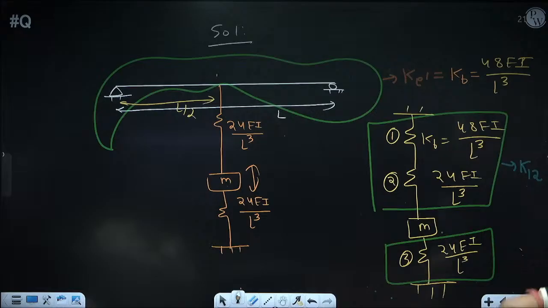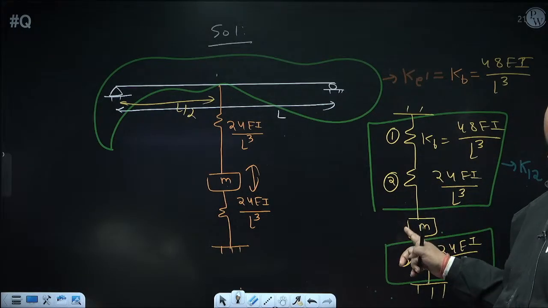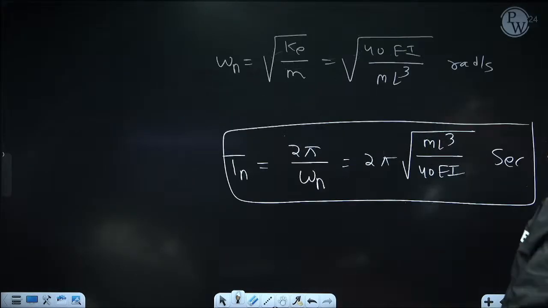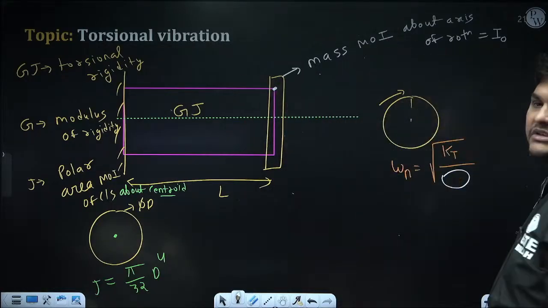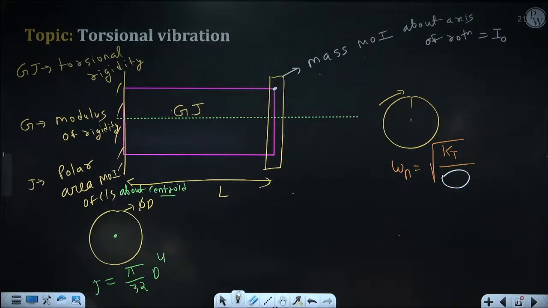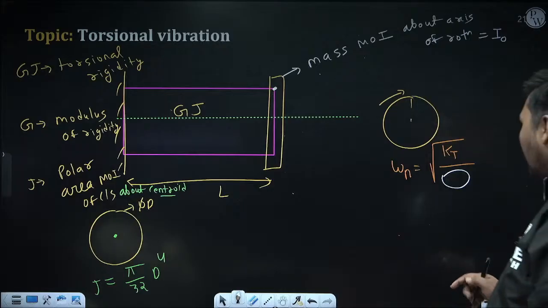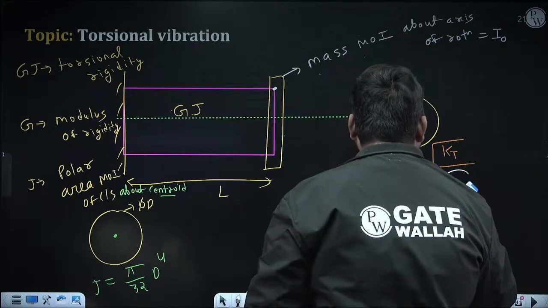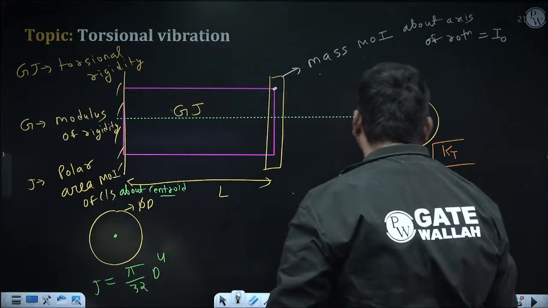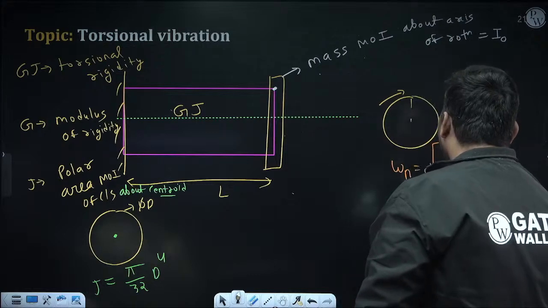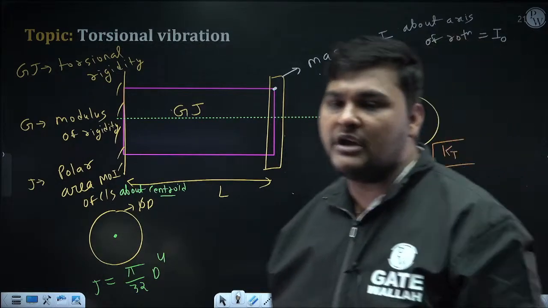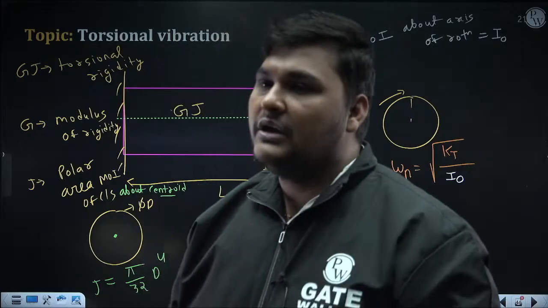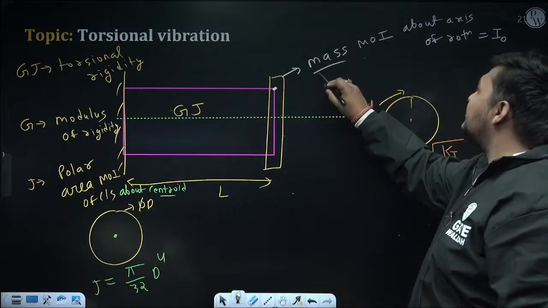Below, the point mass M was coming, but here this I or I naught is the mass inertia of this rotor about the axis of rotation, because rotational vibration is occurring. So the formula to calculate omega in case of torsional vibration will be root over KT, where KT is the torsion stiffness, upon the mass inertia of the rotor, which is I naught. Clearly, right now it is the mass inertia of the rotor.